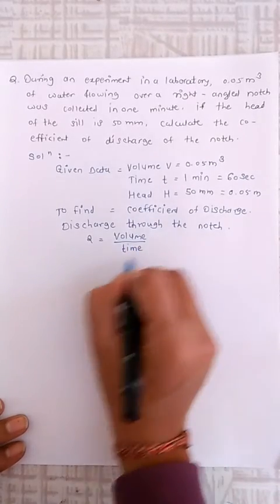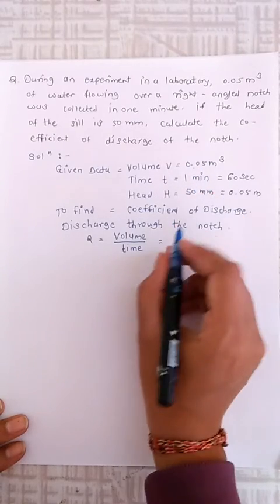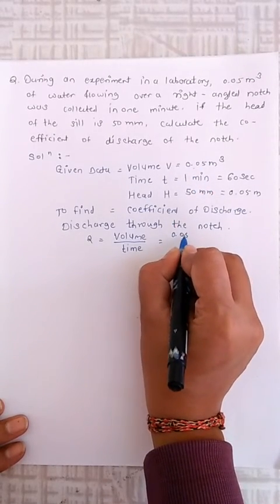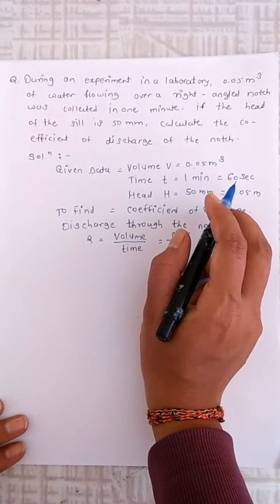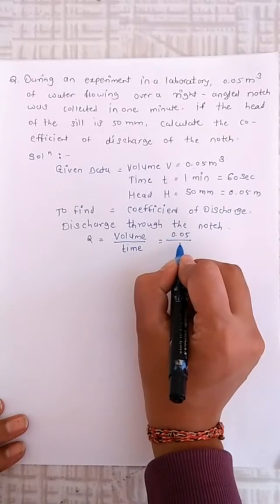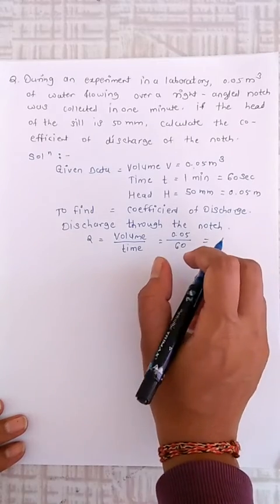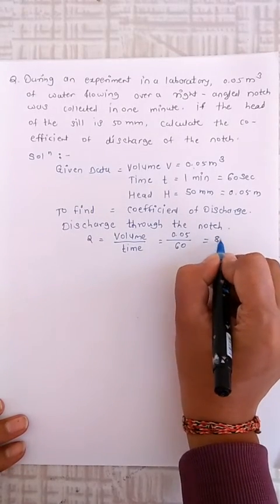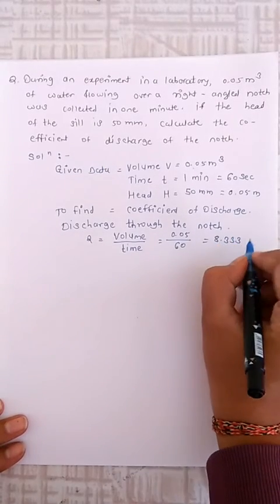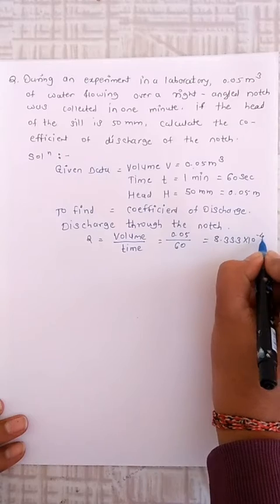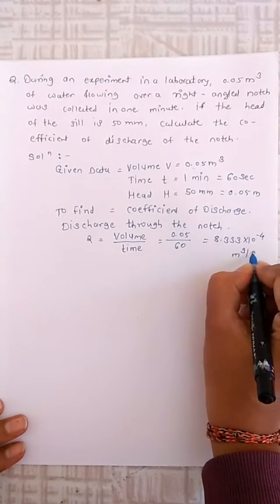They have given us the volume, which is 0.05 meter cube, and the time is 1 minute, which we converted to 60 seconds. So we get the value for the discharge as 8.333 into 10 raised to minus 4 meter cube per second.